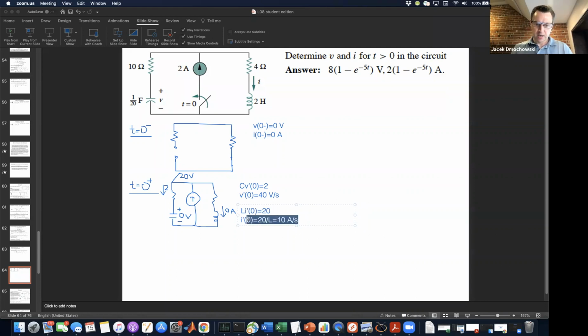So these are the critical steps to get the initial values for V and I. And then we also are going to solve this circuit at time equals infinity. This is usually one of the easiest parts because the storage elements are in steady state again.